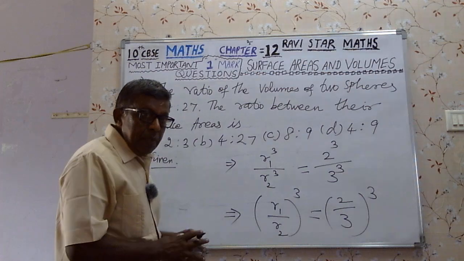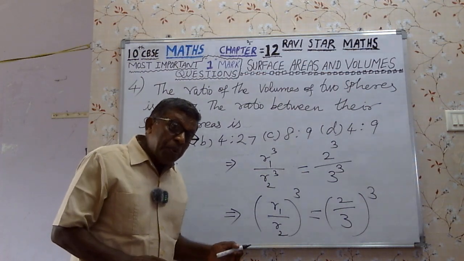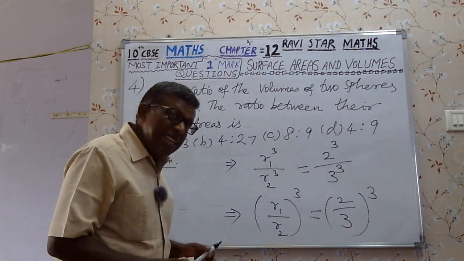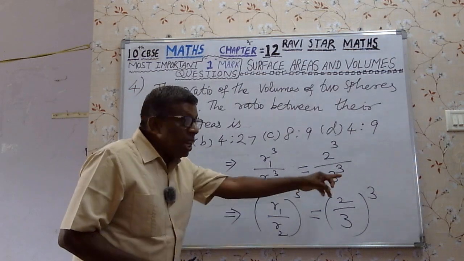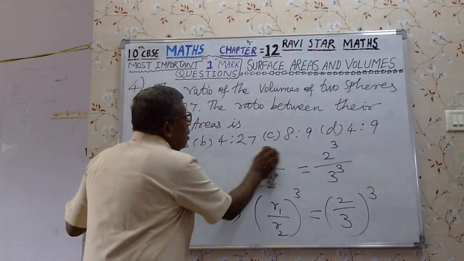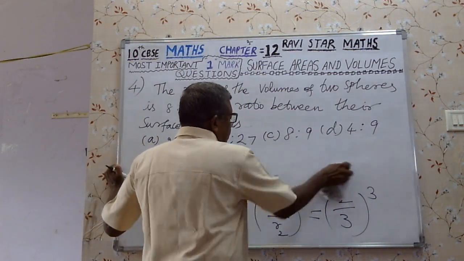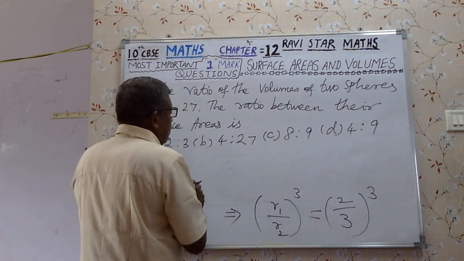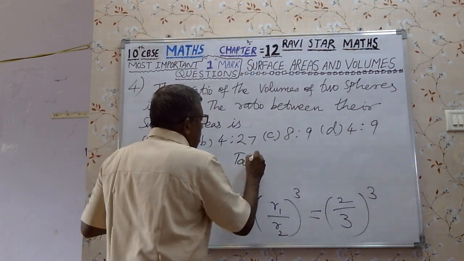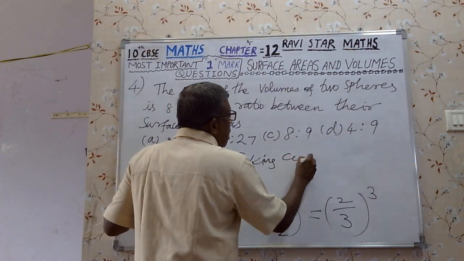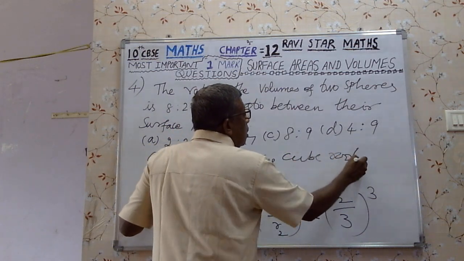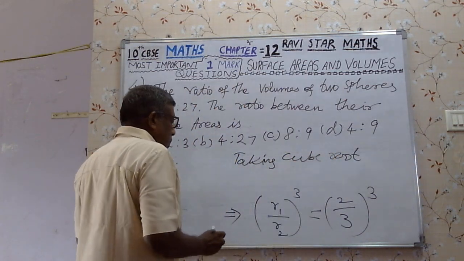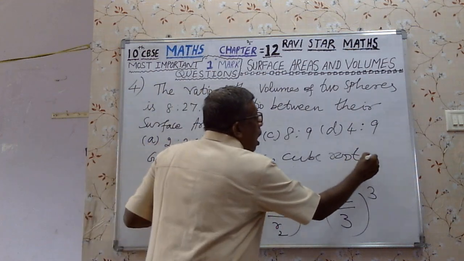Taking the cube root on both sides. If you take the cube root, the power 3 will be cancelled.